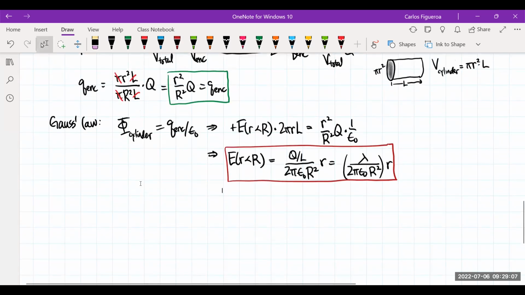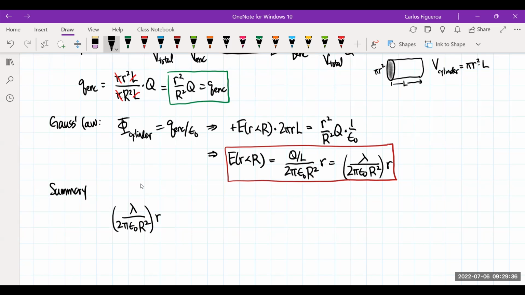So what I want to do now is summarize this and plot it. In summary, we have the following. If we are inside the cylinder, it looks like this: lambda over 2 pi epsilon R squared times little r.